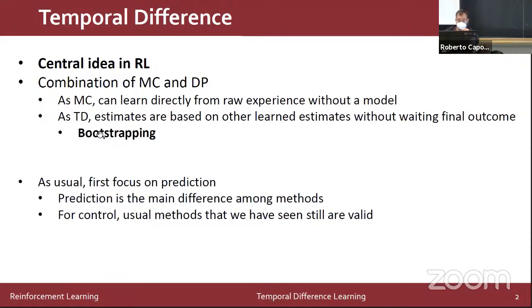In temporal difference, we do something similar to dynamic programming in the sense that we use previous estimates, but without the model. This process is called bootstrapping. Bootstrapping means that we are relying on previous estimates in order to compute our new estimate.